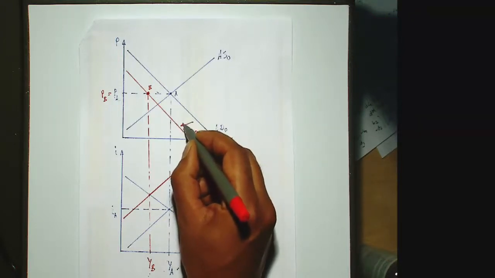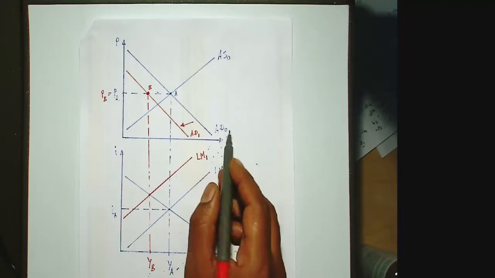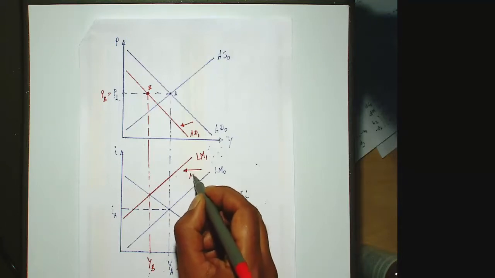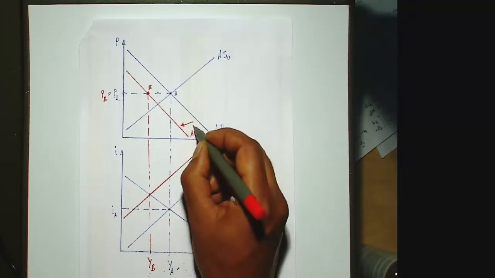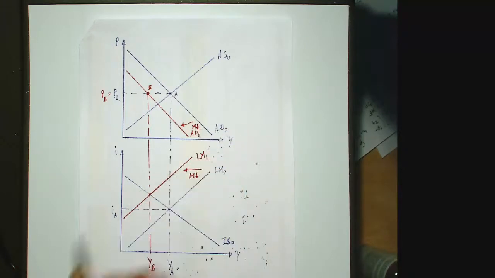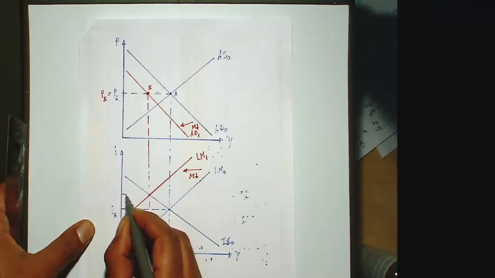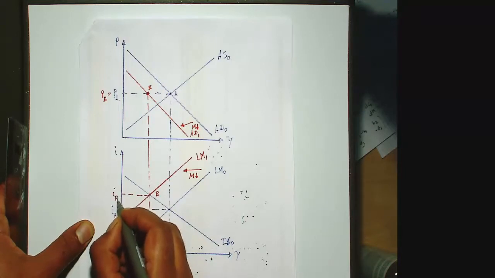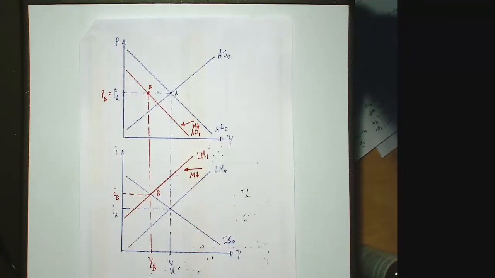Both shifts, the shift of aggregate demand from AD0 to AD1 and the shift of LM from LM0 to LM1, are caused by the reduction of money supply or contractionary monetary policy. So at this point, we have reached a higher interest rate at point B in the IS-LM model, which is indicated as IB.